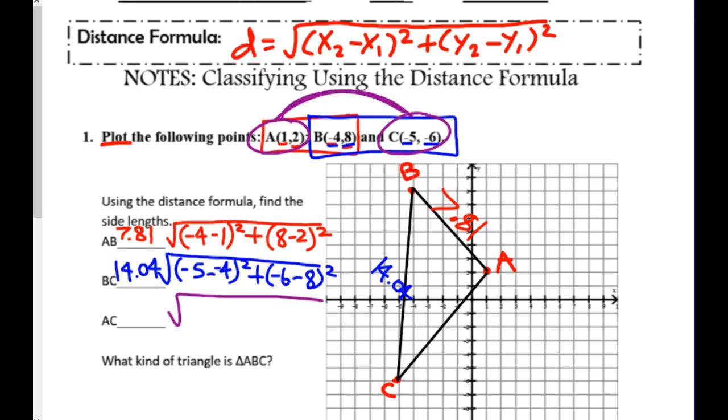So, parentheses, x2 is -5, x1 is 1. So -5 minus 1 squared, plus y2 minus y1, -6 minus 2 squared. Okay?